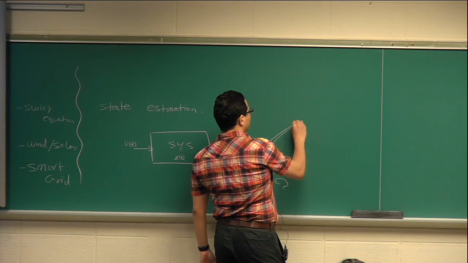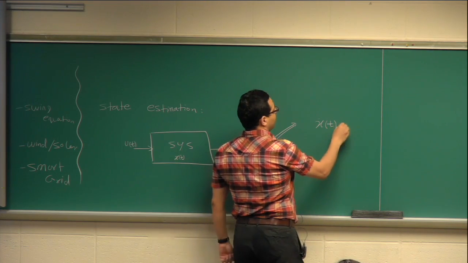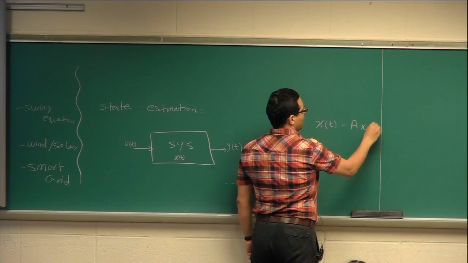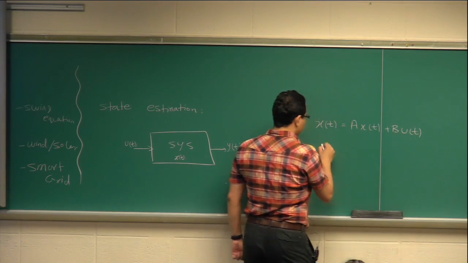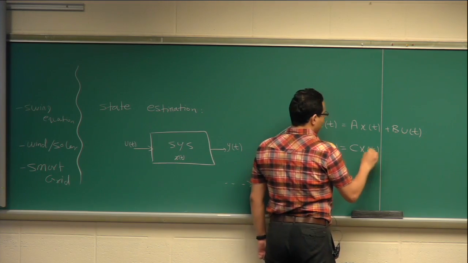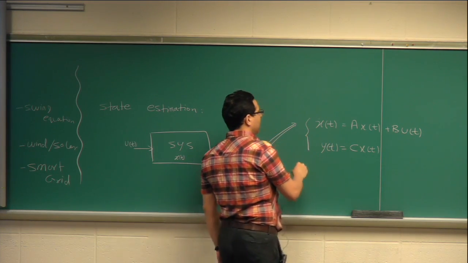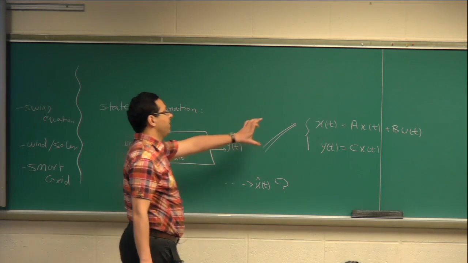So assume that the system is described like this. The derivative of x is A x(t) plus B u(t), and y(t) is C x(t). A linear system, or linear time invariant, LTI system, is normally described like this.